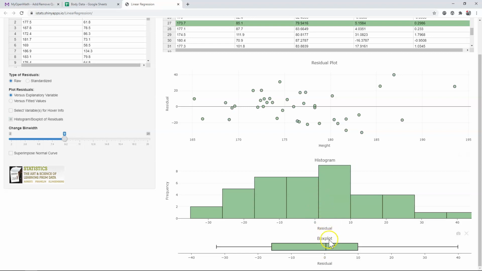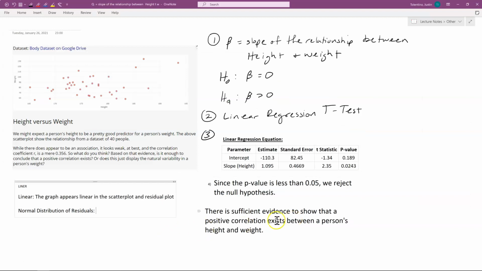So I think it's still appropriate. So we can state the residuals appear mostly symmetric and unimodal, which is what we talk about when we're talking about the normal distribution. It should be symmetric and unimodal.